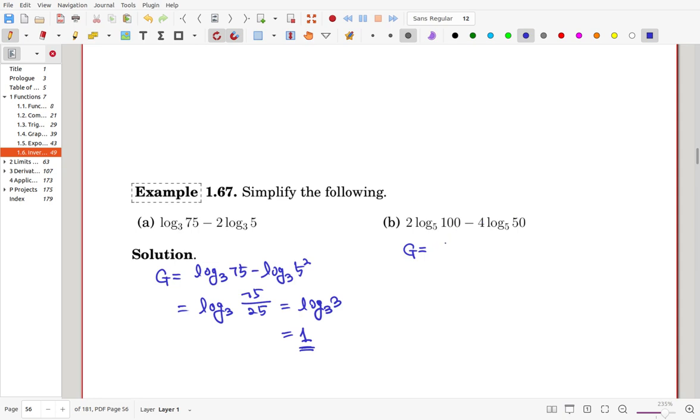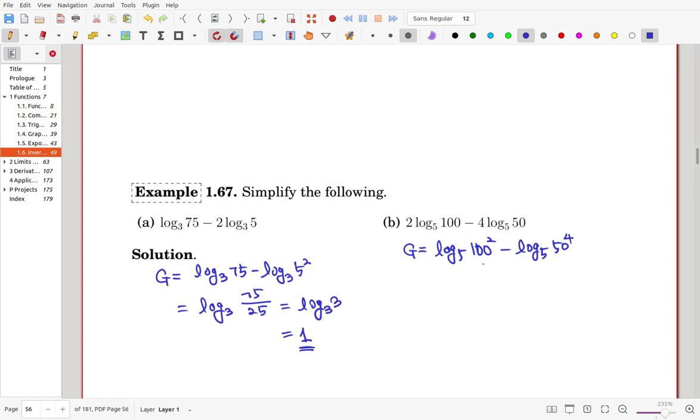There are various ways you can do that, but we'll put everything over there, so the first term can be changed into log base 5 of 100 to the 2, which is 10 to the 4. Then subtraction along with log base 5 of 50 to the 4.